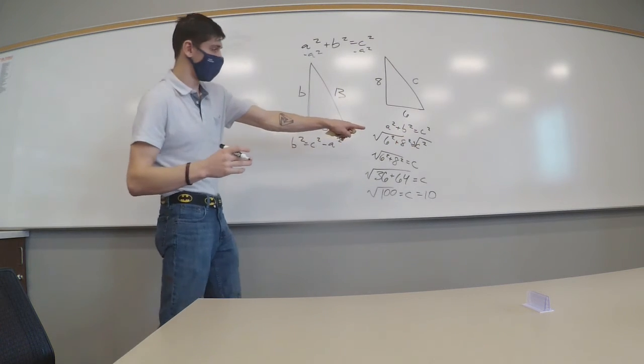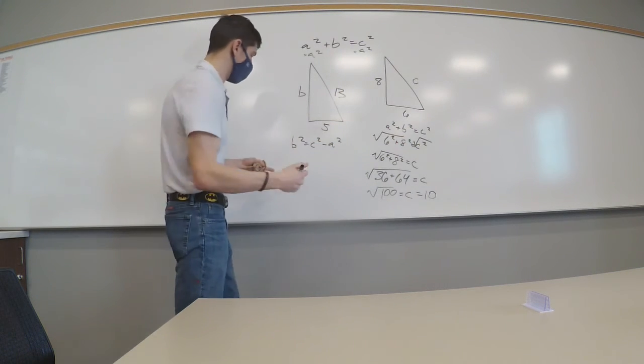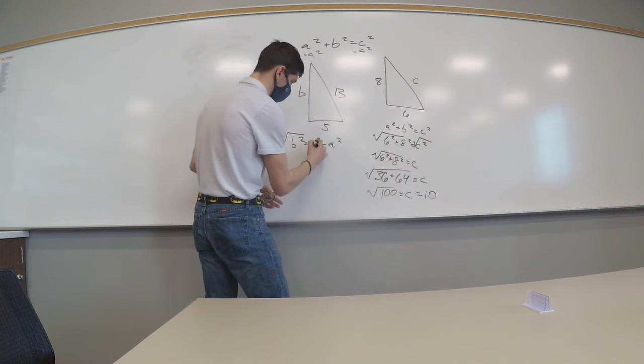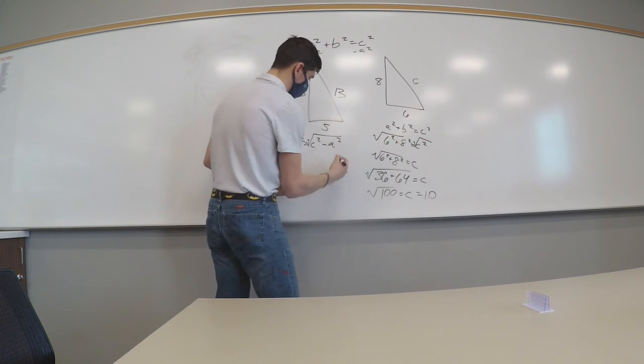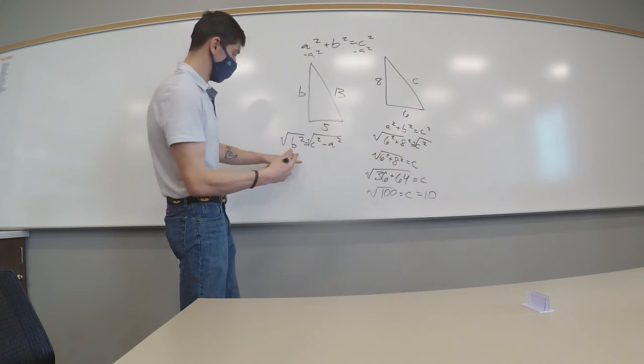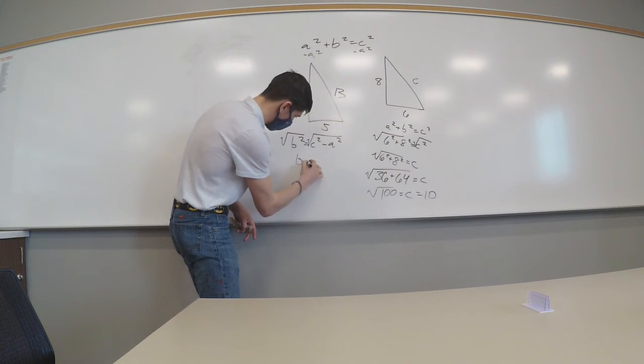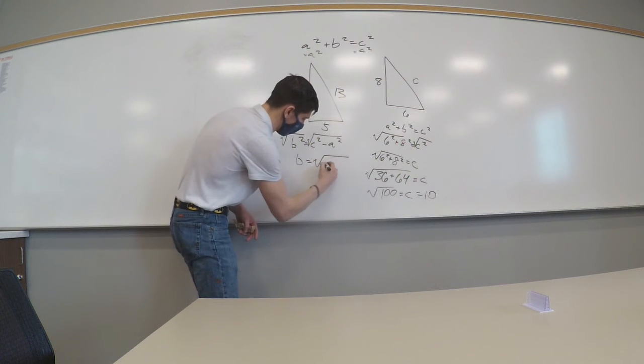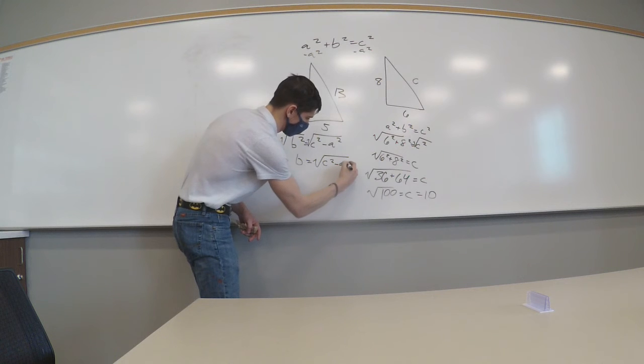Similar to solving for C, we need to take the square root of both sides. The square root of B squared is B, and that would equal the square root of C squared minus A squared.